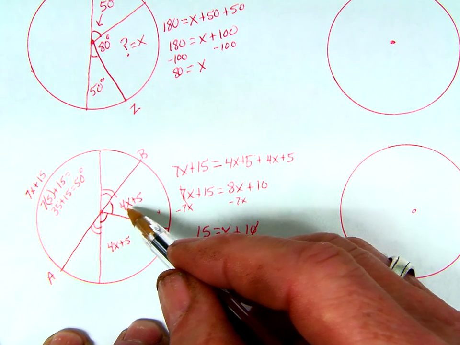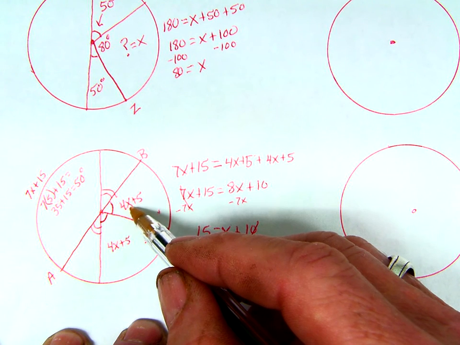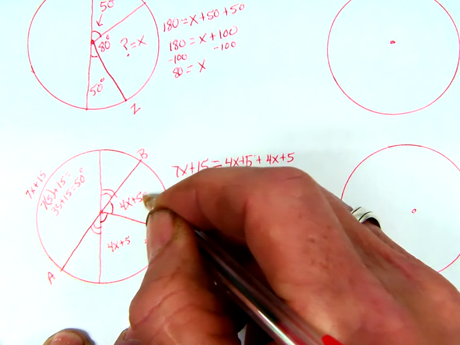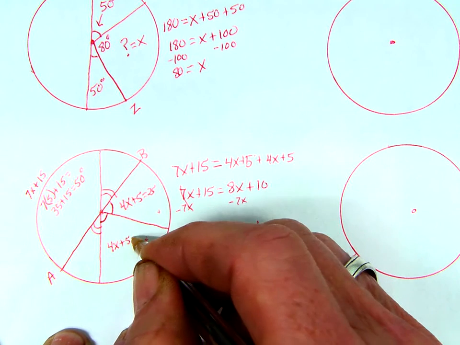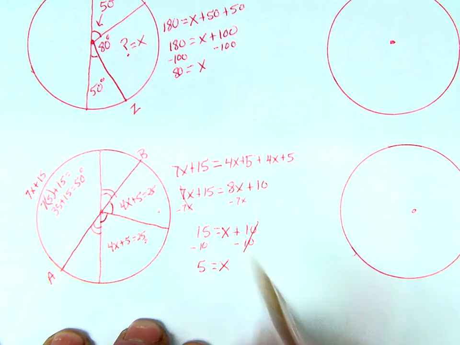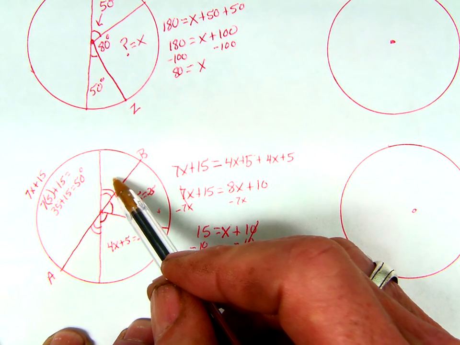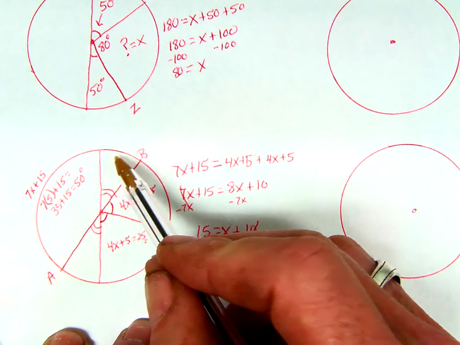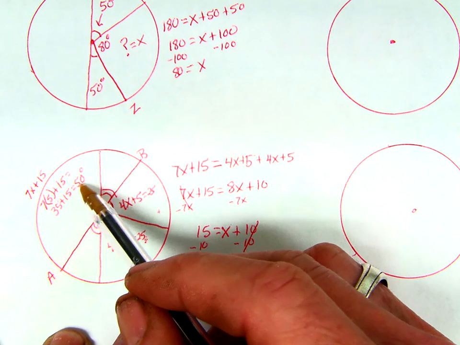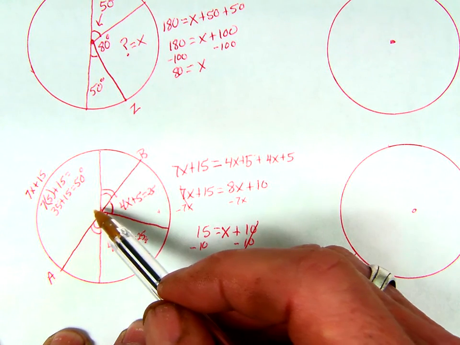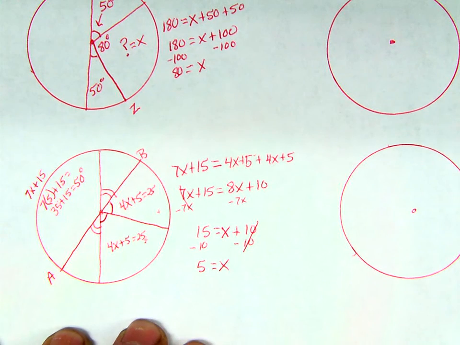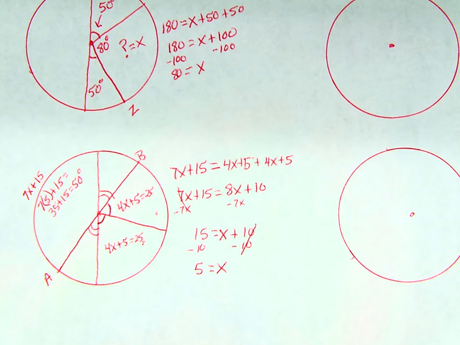Same thing here. 4 times 5 is 20 plus 5, so this equals 25. And this equals 25. So how big does this angle or this arc need to be? If this part is 50, then this is 130. It doesn't look that way. That's because of the way that I drew it. But that's how you would solve a problem such as this.